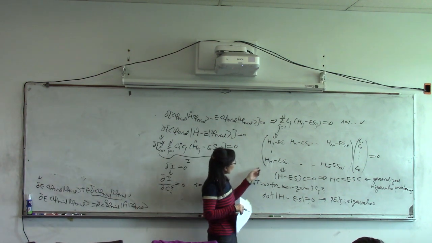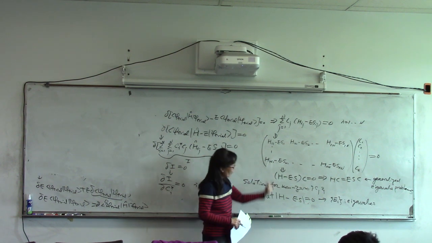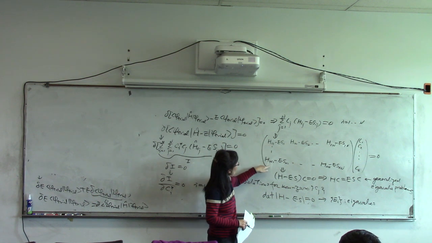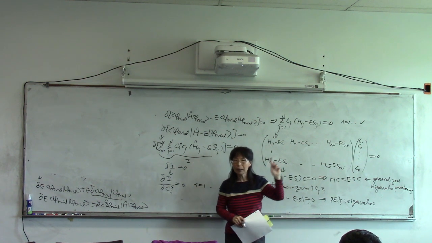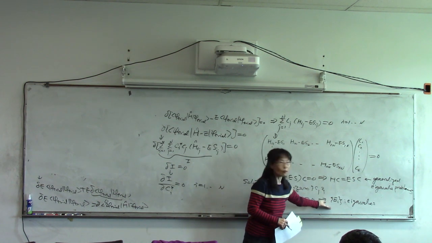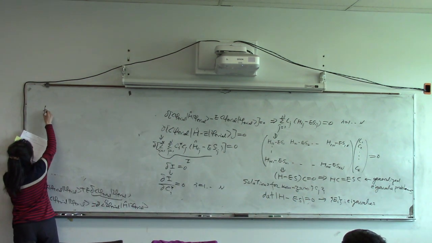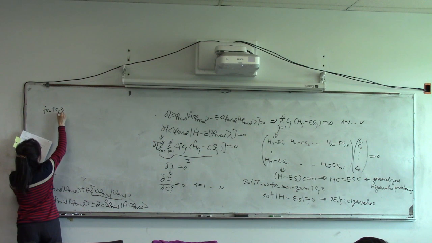So what you are going to do is select the basis set and construct your function, calculate the matrix elements of the Hamiltonian and overlap, then build up the matrix and solve this, right? So for C, you just solve this.